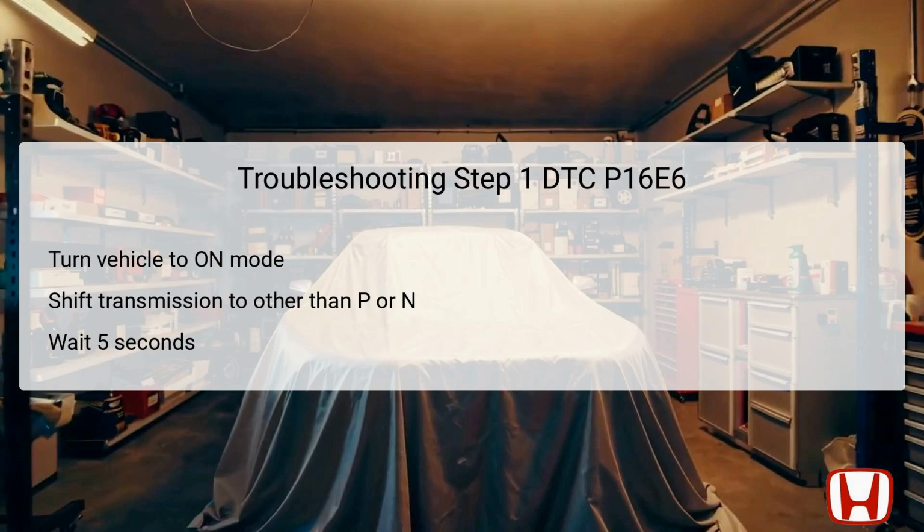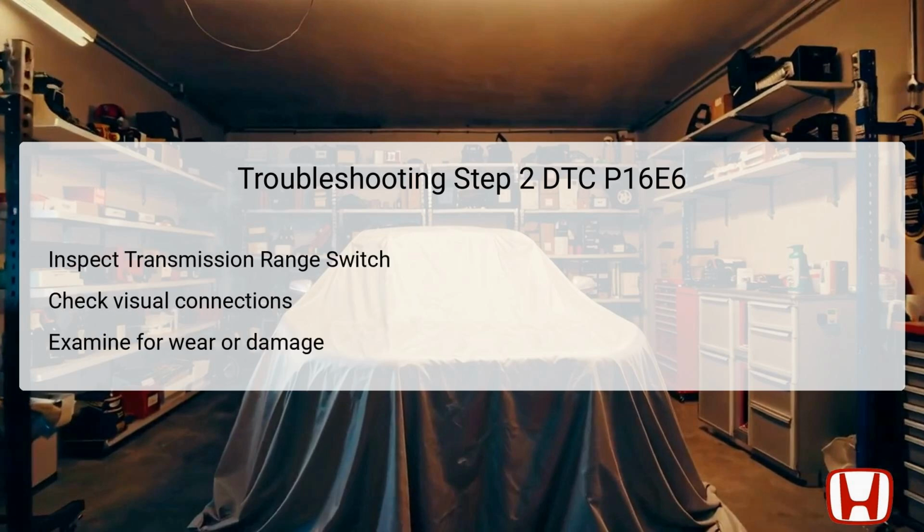Subsequently, the transmission should be shifted into a position other than park, P, or neutral, N. It is essential to then wait at least 5 seconds to allow the system to register any changes and identify whether the PCM detects a signal error. This step primarily assesses whether the initial conditions trigger any fault indications, guiding the technician towards potential electrical or mechanical issues in the transmission range switch.